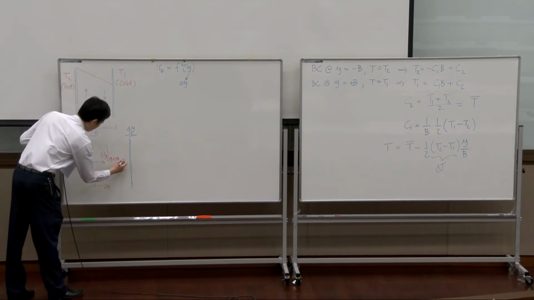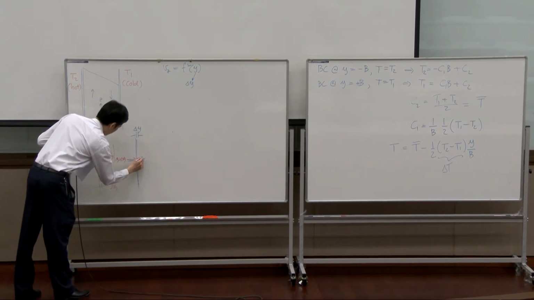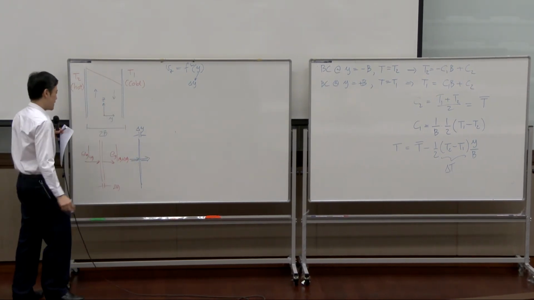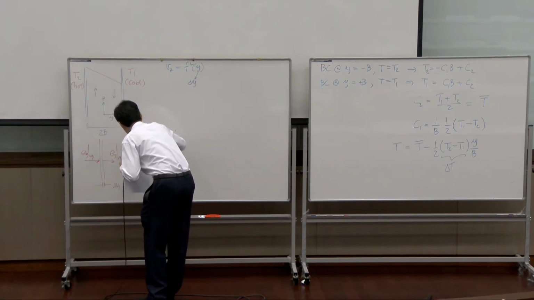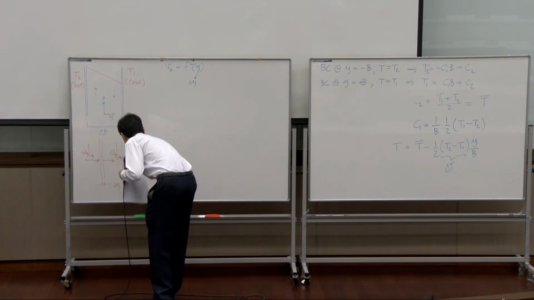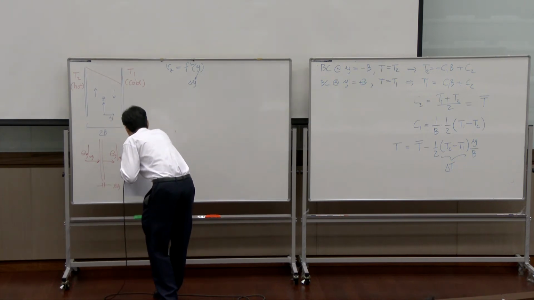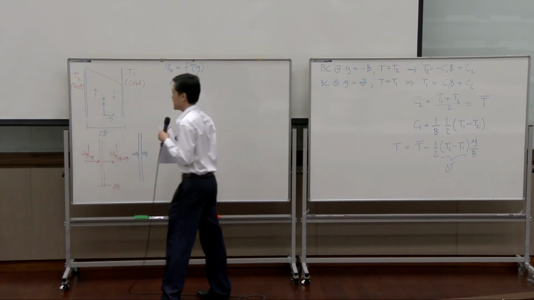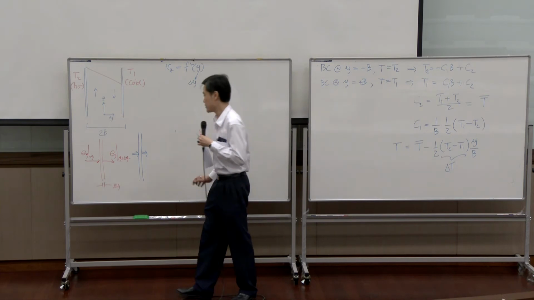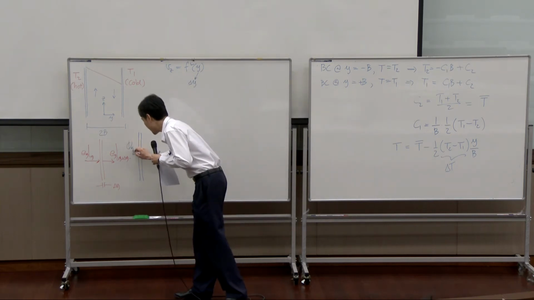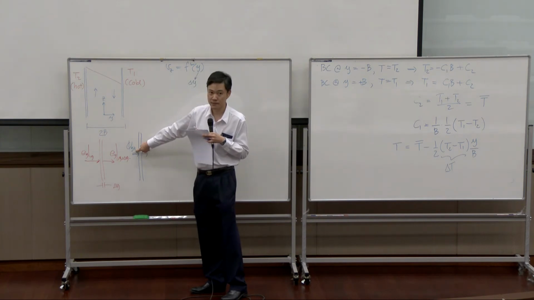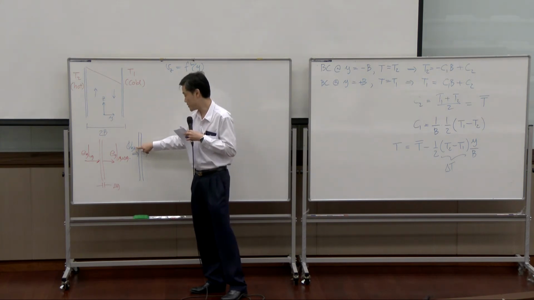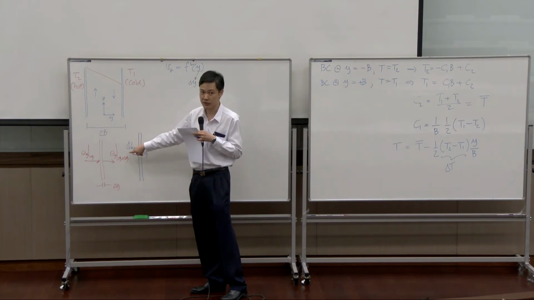And there will be a flux going in and out. In this case, since velocity is in the z direction, the flux here is supposed to have the second subscript to be z. So this is flux of z momentum transferring in the y direction.